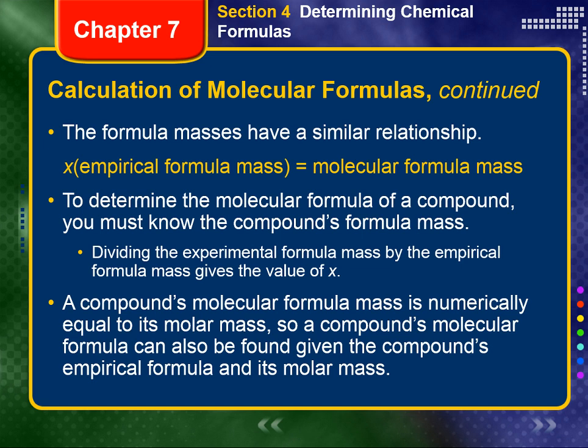Dividing the experimental formula mass by the empirical formula mass gives the value of X for diborane, which is 2. The molecular formula for diborane is therefore B2H6. Recall that a compound's molecular formula mass is numerically equal to its molar mass. So a compound's molecular formula can also be found given the compound's empirical formula and its molar mass.